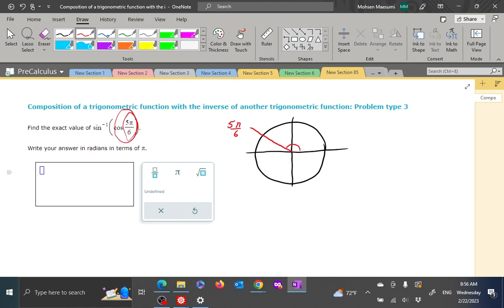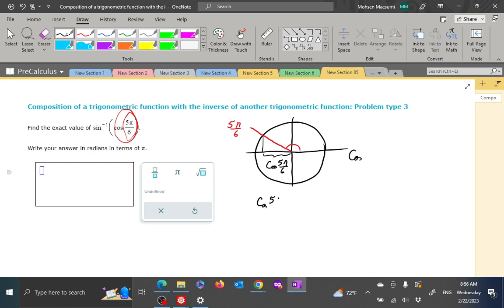Calculate cosine of it. So you remember here is the cosine axis. Calculating the cosine of it means coming here. So by now this is cosine of 5π/6. Now you could look it up in your table to refresh your memory as to what this one was.